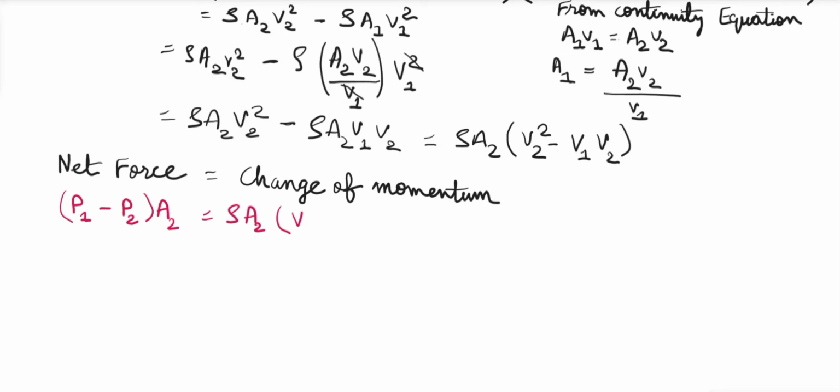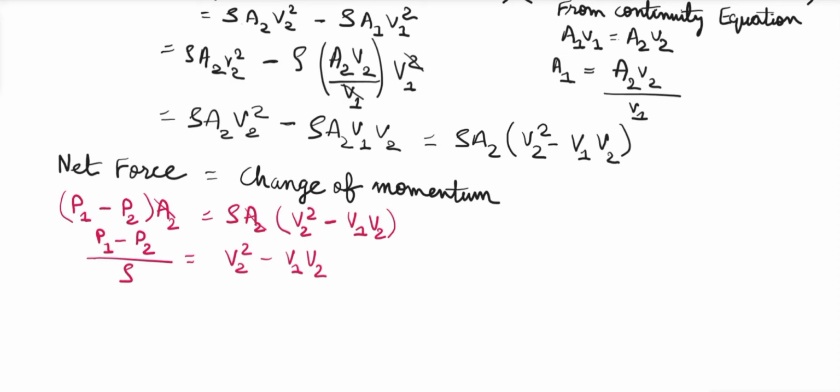Then here we can see that A2 we can cancel. We'll be left with P1 minus P2 upon rho is equal to V2 square minus V1 V2.